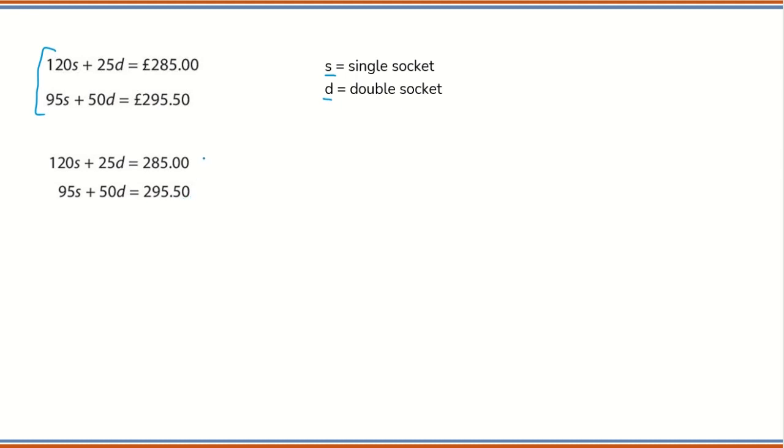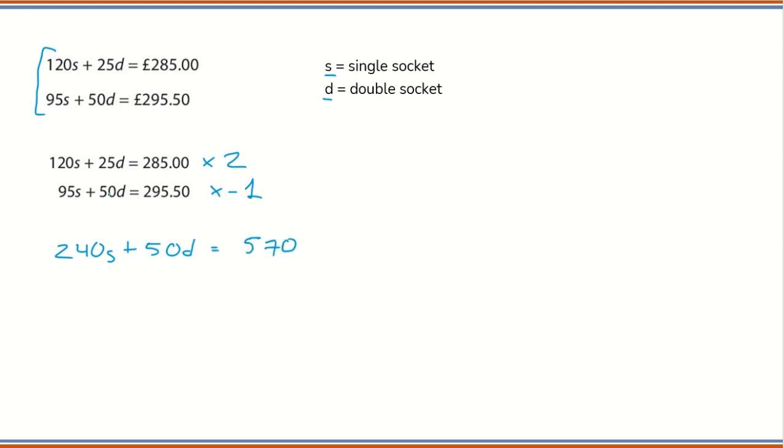So if I multiply by 2 this equation, and then I multiply by -1 the second equation, I will have the same coefficient in both equations, but with a different sign. So I'm going to start with the first equation, multiplying it by 2. 120S is 240S, plus 2 times 25D, 50D, and 2 times 285 is 570.